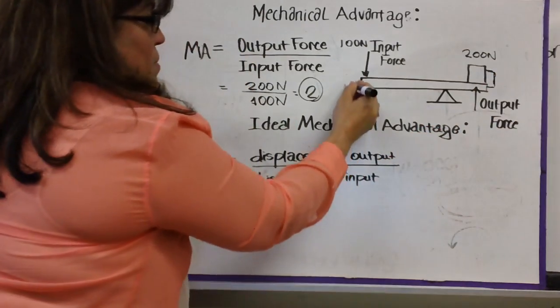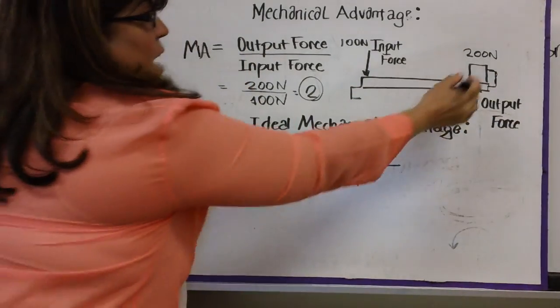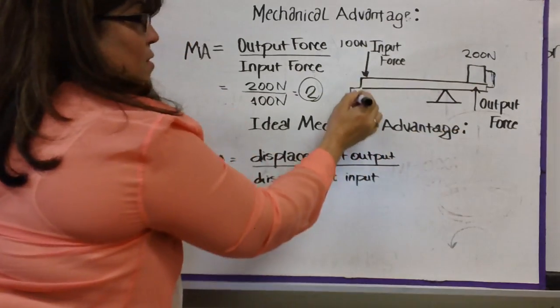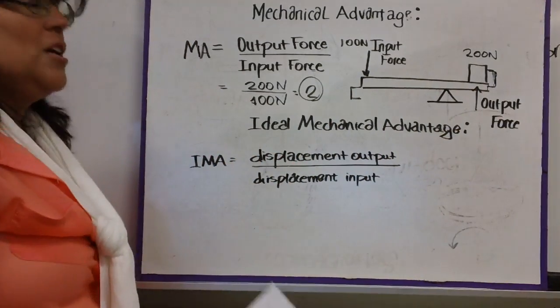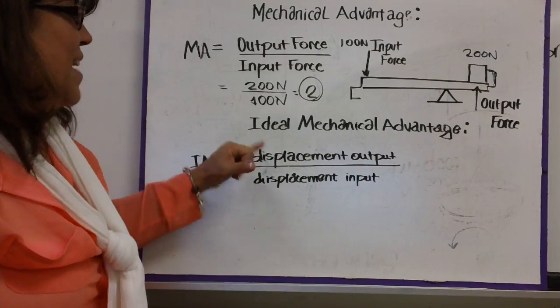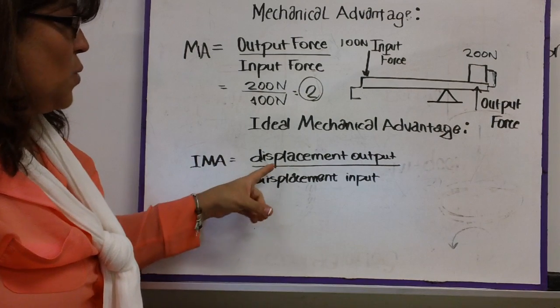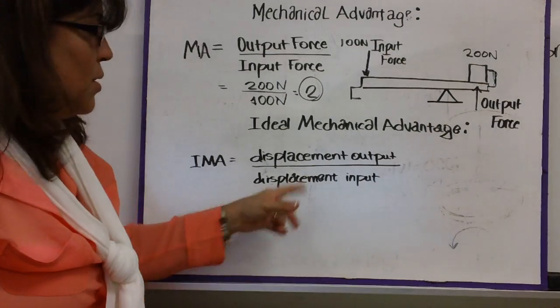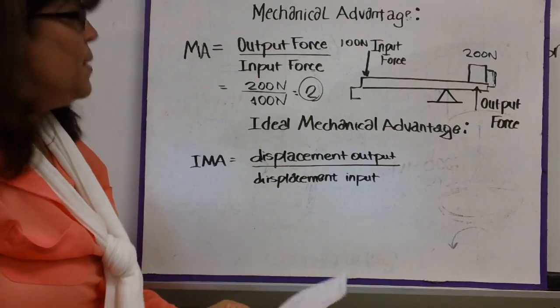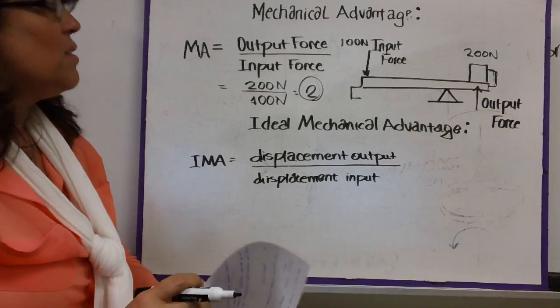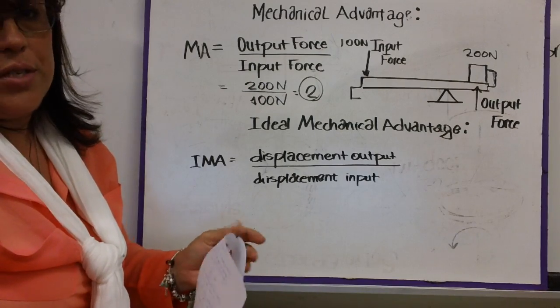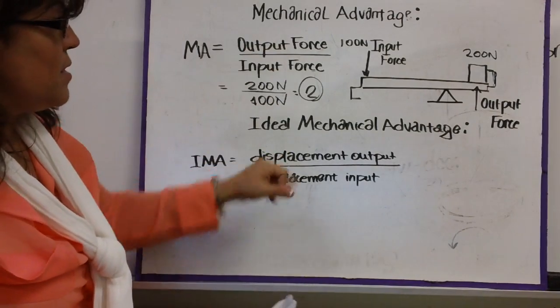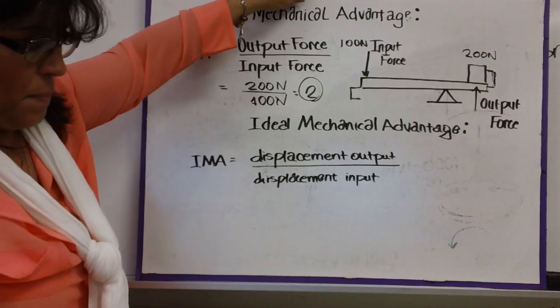So the displacement output is going to be over here, and this is going to be the displacement input. So the IMA, the ideal mechanical advantage, is going to be displacement output over displacement input, which is different than the mechanical advantage, which is dealing with the forces. So this is the force, this is the displacement.